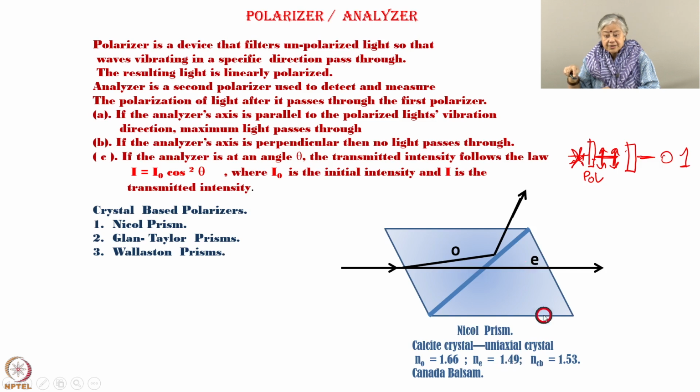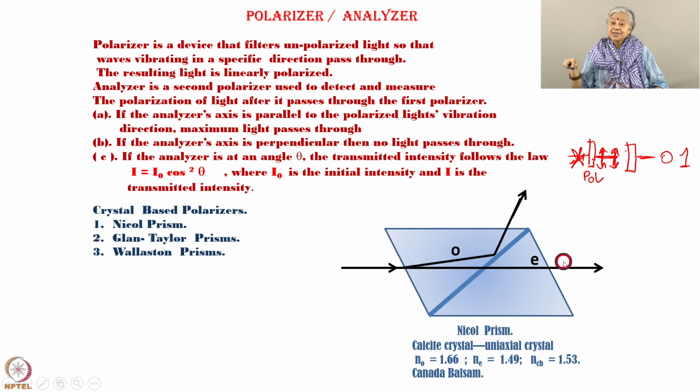So this material presents itself to the E ray with a refractive index of 1.49, and 1.49 is less than 1.53. So total internal reflection will not happen for the E ray. It will just pass through. Maybe it will get shifted very slightly because there are two refractive indices, but this is a small material, and it will come out.